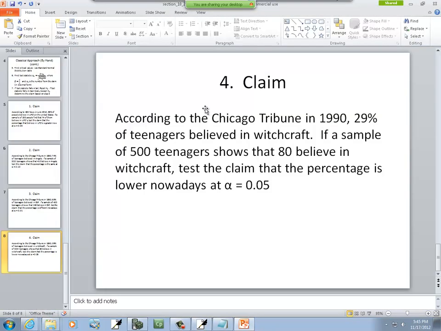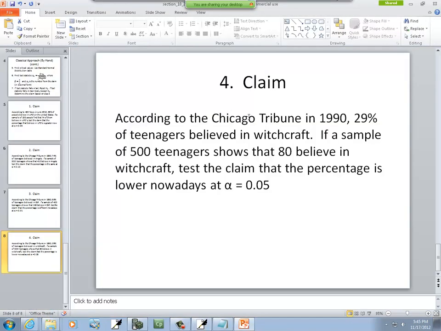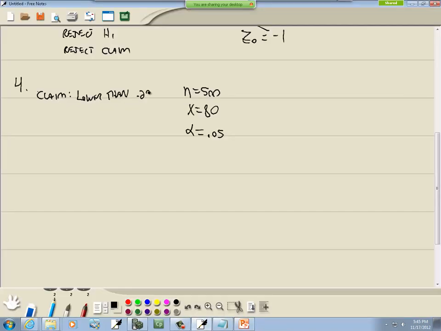Test the claim the percentage is lower nowadays, where alpha is equal to 5%. Okay, so lower than, and it says 29%. Lower than is a less than.